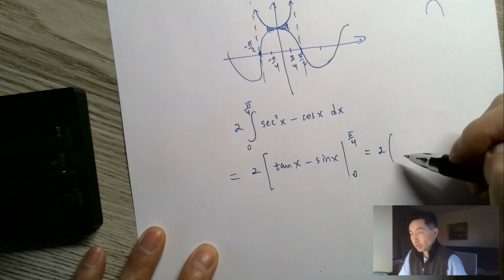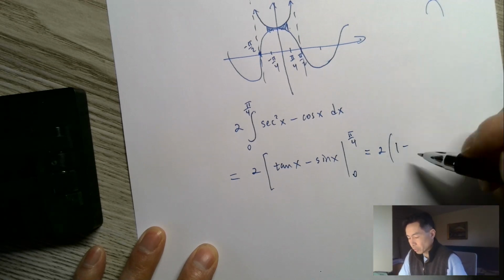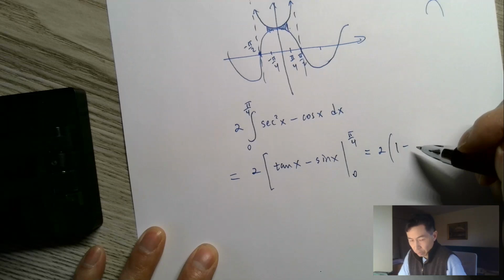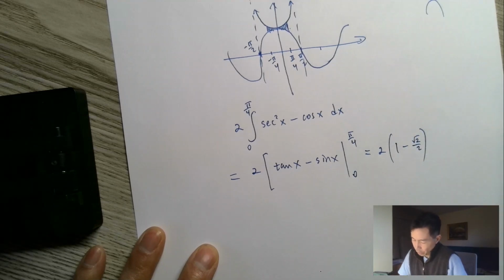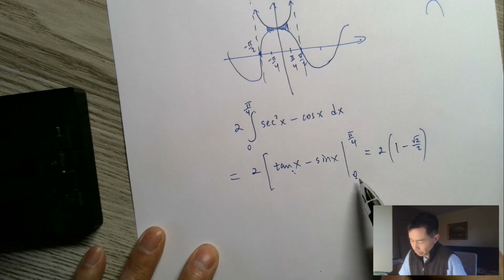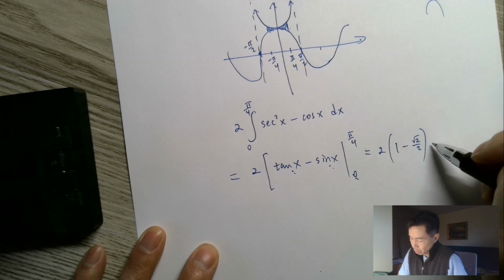Tangent of pi over 4 is 1. Sine of pi over 4 is rad 2 over 2. And when I put 0 here, I get 0, and when I put 0 here, I also get 0. So that's good news.